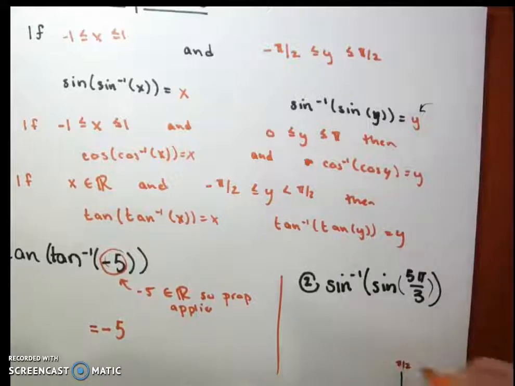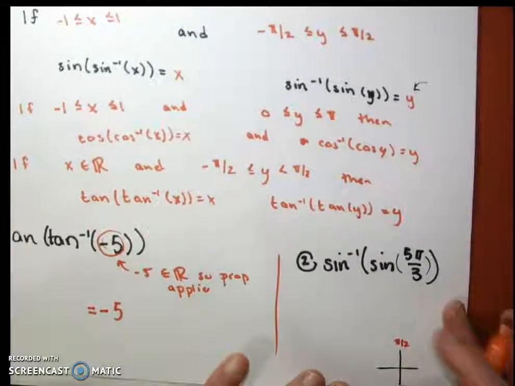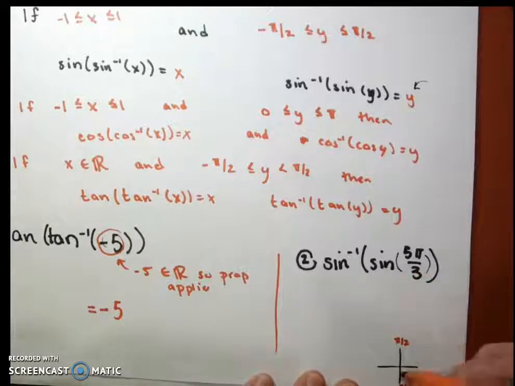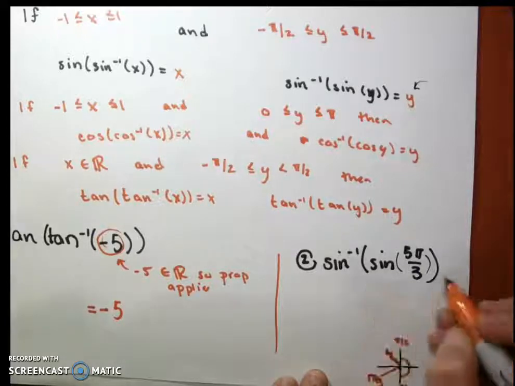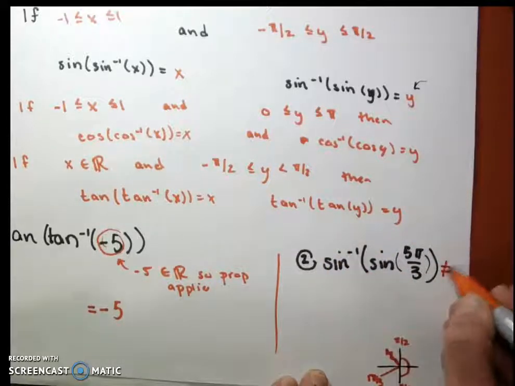This is pi/2. Is 5pi/3 between these two values? No, because 5pi/3 is here, right? Nope, it is here. So that's not in this range. So we're not going to get 5pi/3.